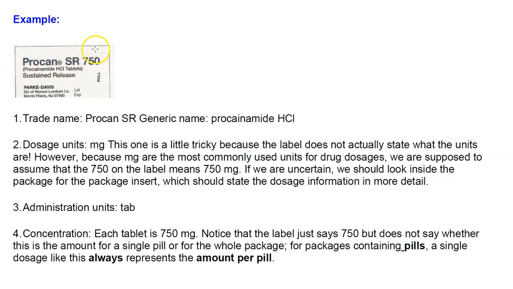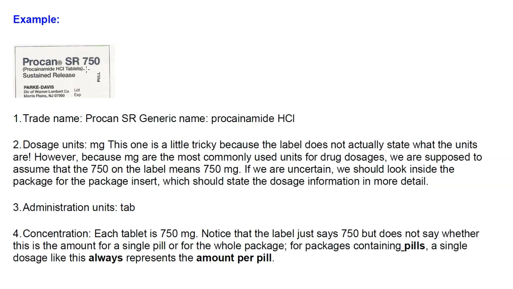This is another example. The trade name is Procan, and the generic name is procainamide hydrochloride. The dosage unit can be a little tricky, because it doesn't really say the units. It says here 750. I haven't seen a procainamide tablet in ages.